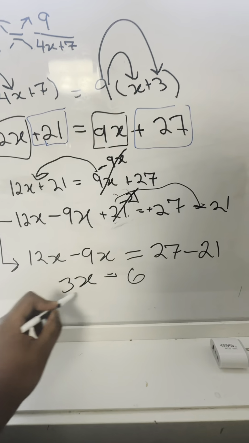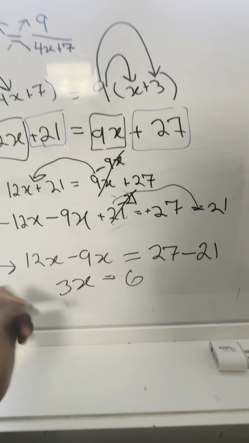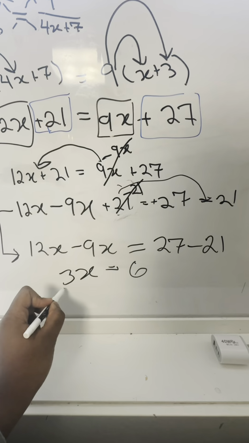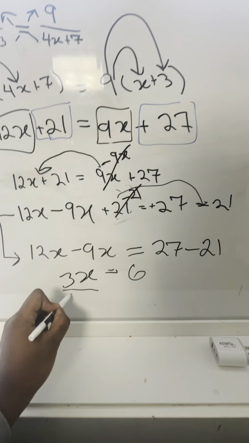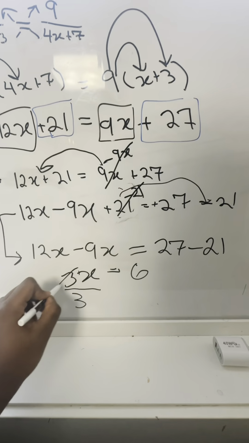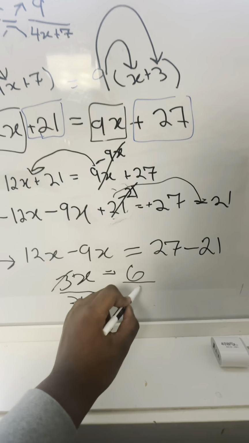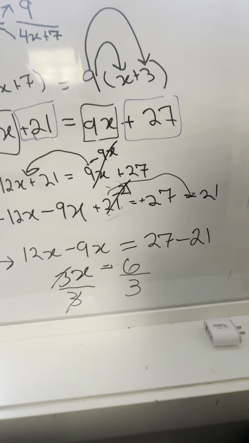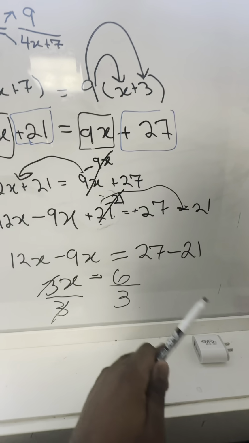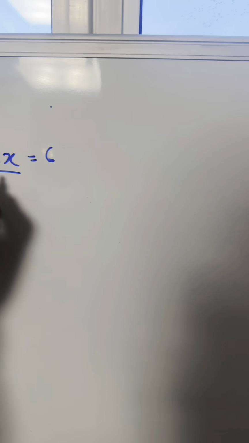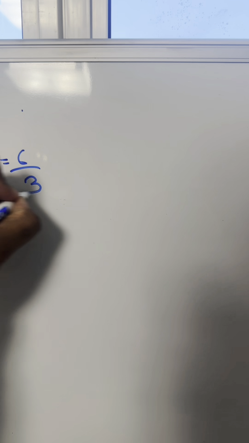So now we have to isolate for x. I think here is just really simple. You just divide by 3. This cancels out. I need more room, so I'm just going to move it to the side. To isolate for x, you want to get rid of the 3 attached, so you're just going to divide by 3, divide by 3.